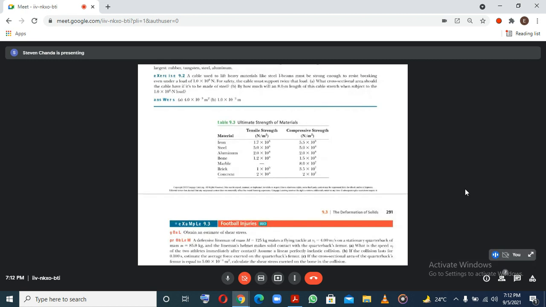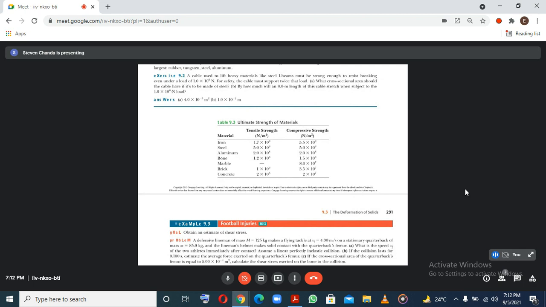So we are saying a defensive lineman of mass 125 kg makes a flying tackle at an initial velocity of 4 meters per second on a stationary quarterback of mass 85 kg. Of course, they are talking about American football, isn't it?